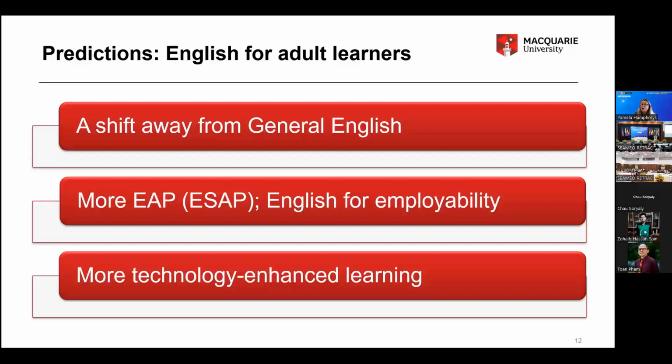More EAP, not general English, more ESAP, so English for business for academic purposes, English for health for academic purposes over the years. And I'm also seeing a lot more of English for employability, as well as for specific discipline purposes. I'm seeing a renewed focus on English for work and English for employability, and that's not particularly surprising, I think.